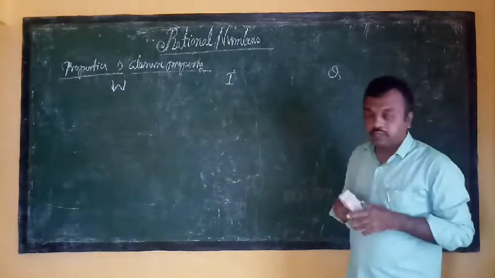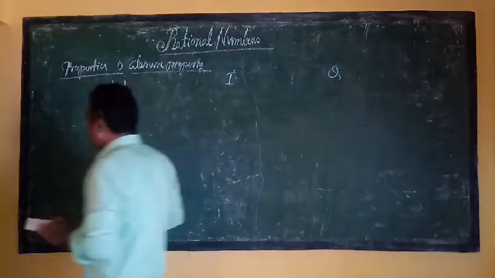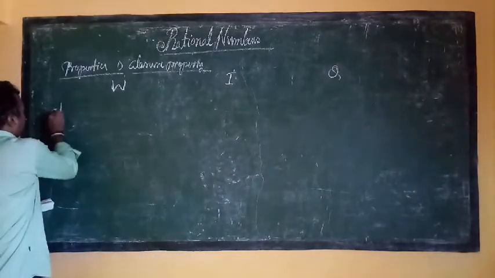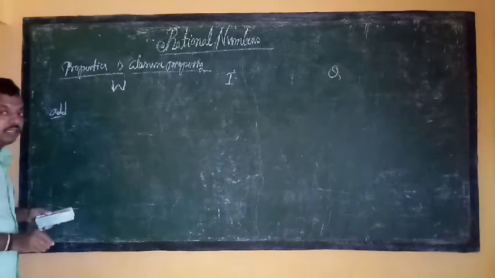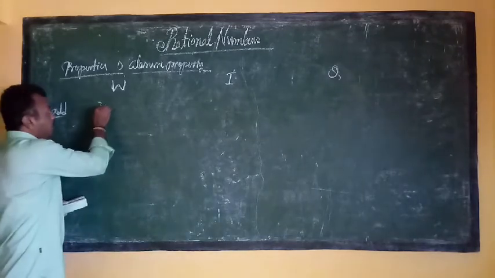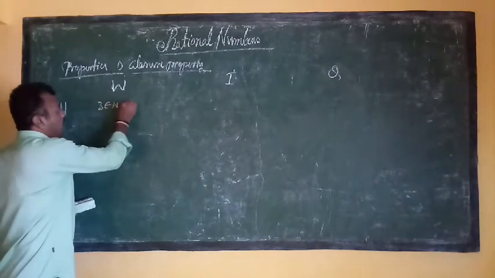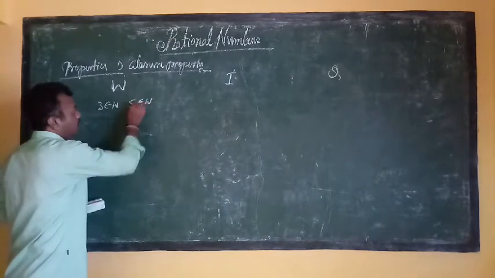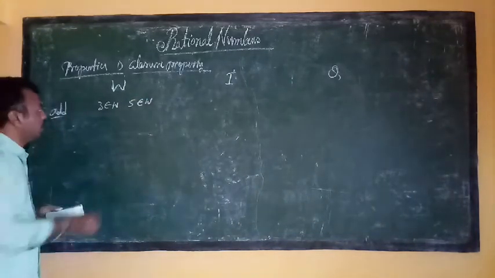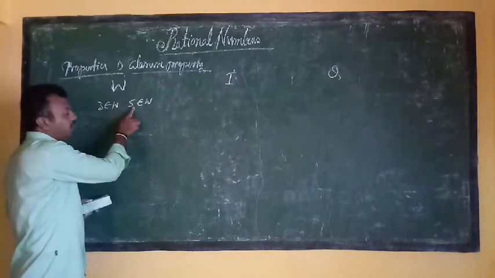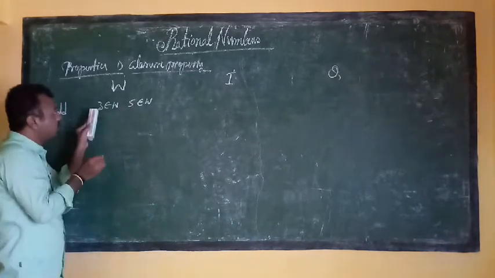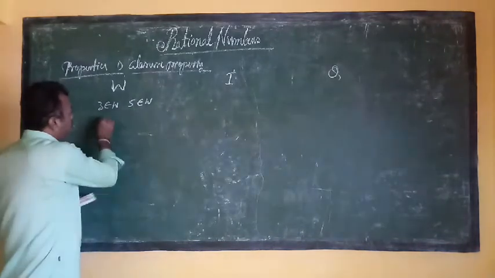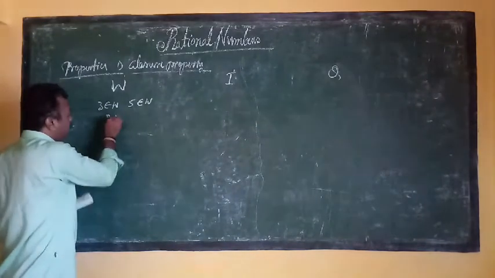So for example, I will take whole numbers, under addition first. Here 3 belongs to the whole numbers. 5 also belongs to the whole numbers. This symbol is belongs to. So these two whole numbers we have to add.